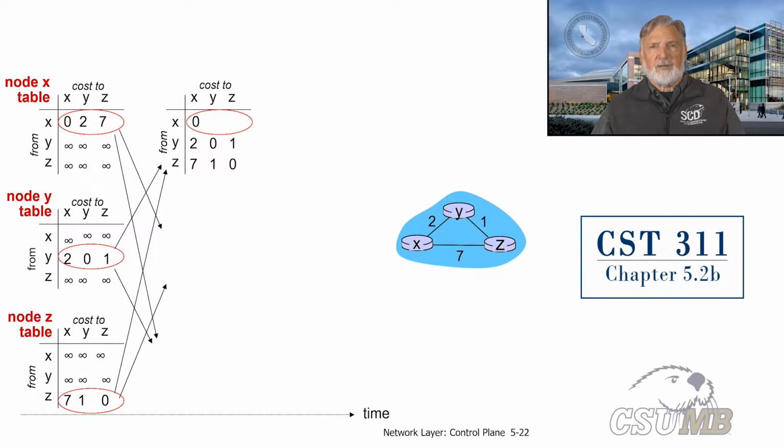This next slide depicts a simple 3-node network. Using this diagram, we'll go through the algorithm's process. The leftmost group of the node tables shows the 3 initial forwarding tables for each of the 3 nodes. Within each specific routing table, each row is a distance vector.